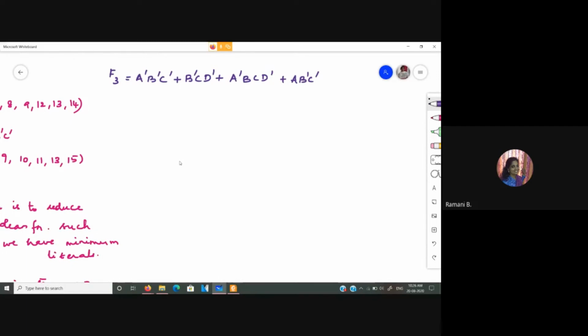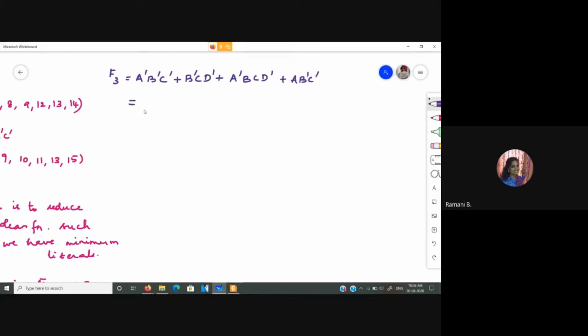As days go by and you are able to practice K-map very easily, you can directly find the minterms from the K-map as such. But for the initial stage, it would be difficult, so we shall go the lengthy procedure way.